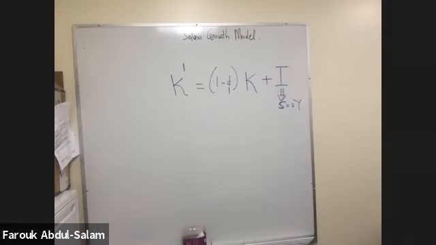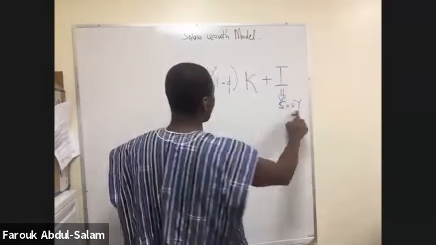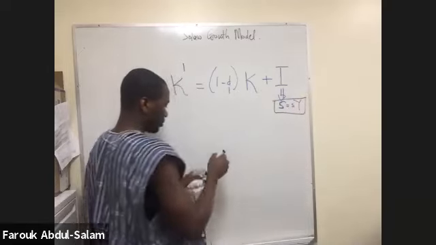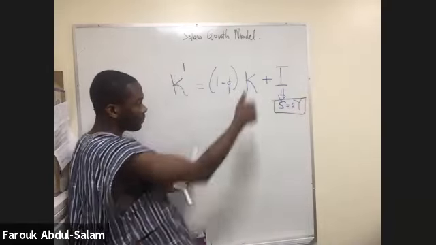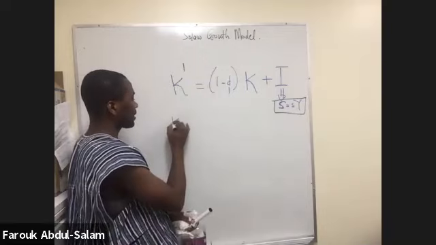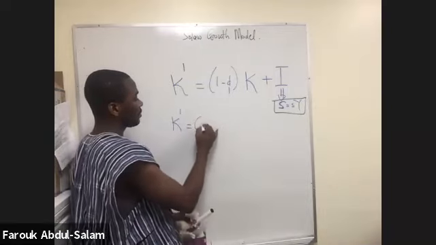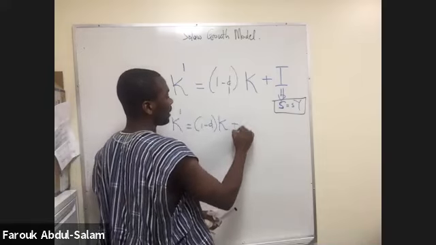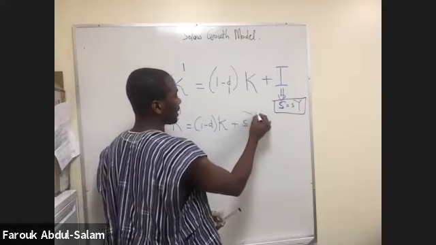Investment is the same as savings, and savings is the same as s multiplied by big Y. So this equation, which is the law of motion of capital, is the same as K prime equals 1 minus D times big K plus small s multiplied by big Y.